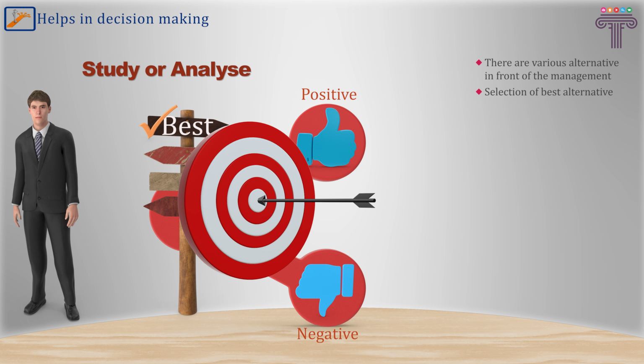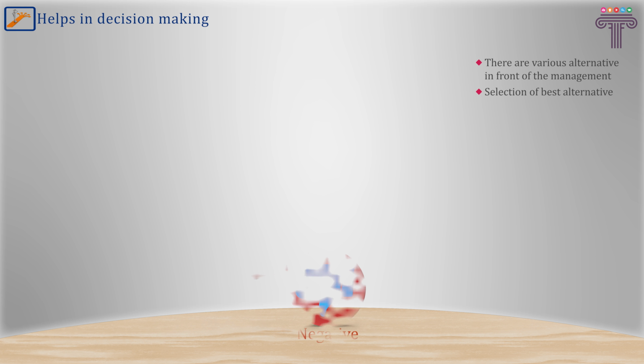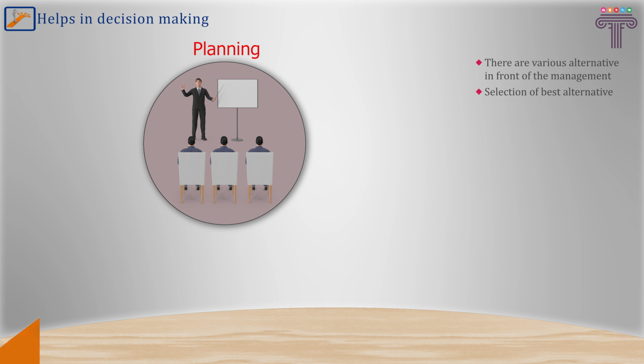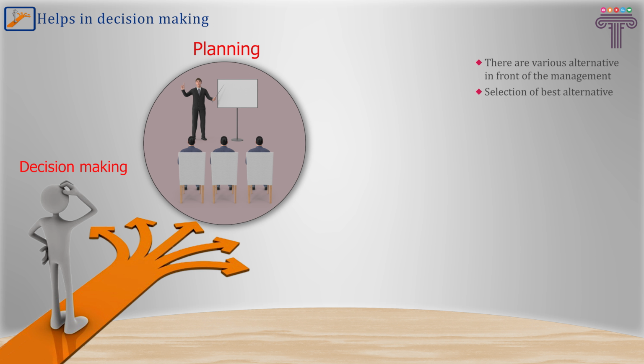Rational and sensible decision making is needed to achieve the organization's goals and choose the best alternative. Let us take an example of how planning helps in decision making for the best alternative, and how rational and sensible decision making is achieved with proper planning.